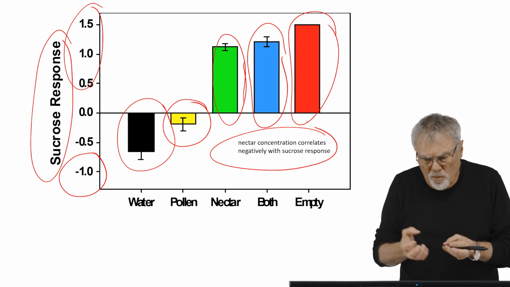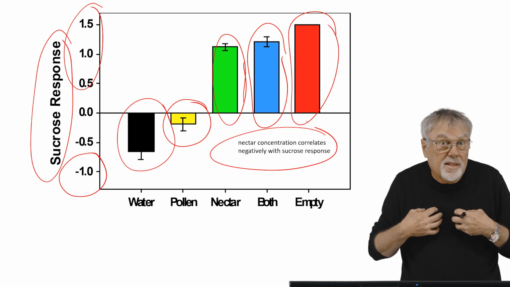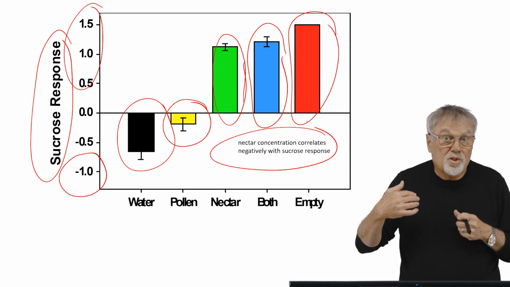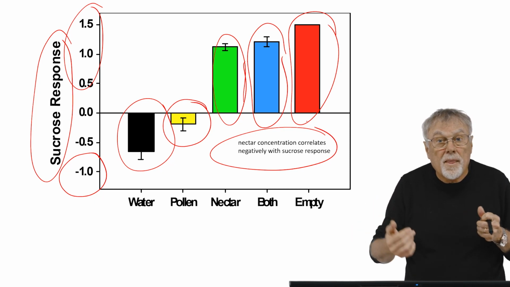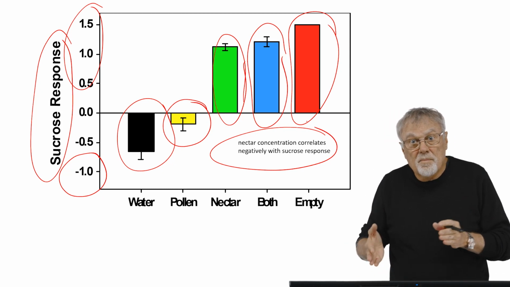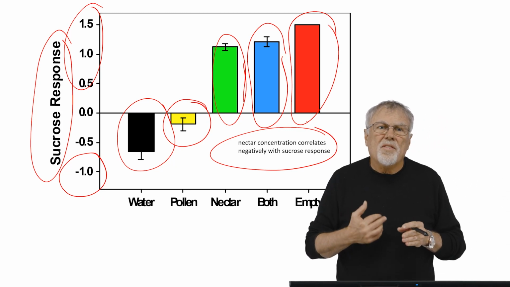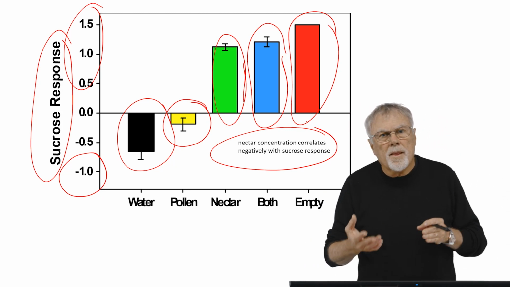So not only was the tuning of their sensory system that we could detect using this sucrose response test determining what they collected, but also with respect to nectar, the concentrations of the nectar in the flowers that they found to be acceptable.